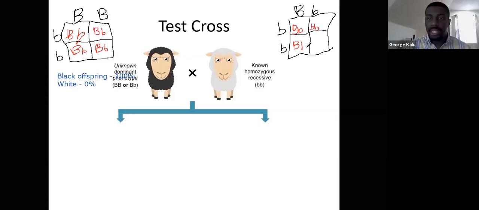And then in the bottom right, what would we get? Little b, little b, perfect. Okay, so based off of our Punnett square here, what's the probability of having black offspring?